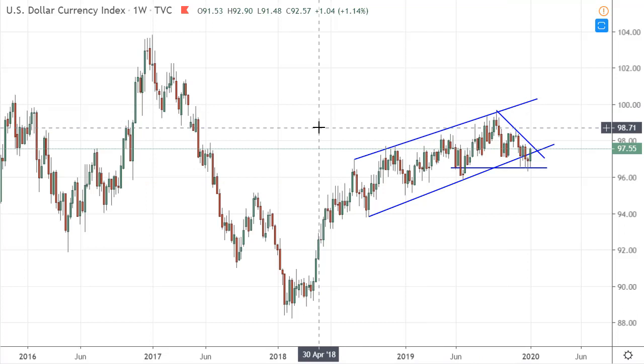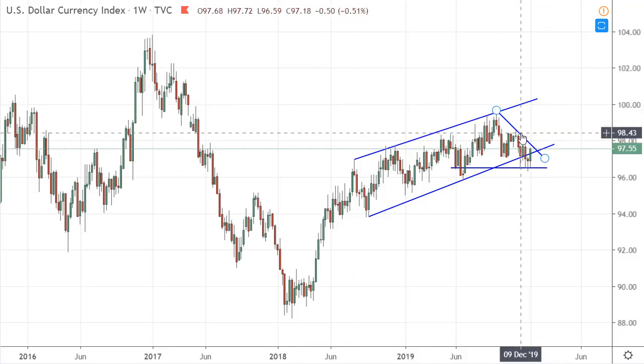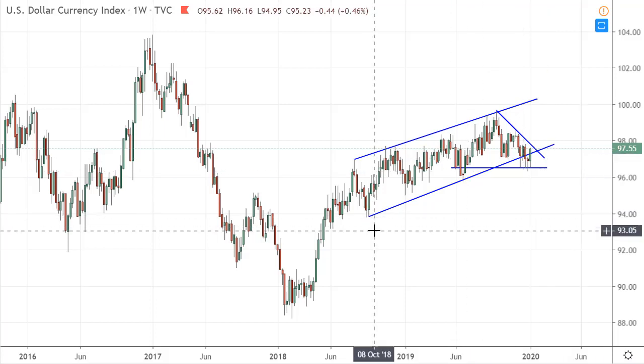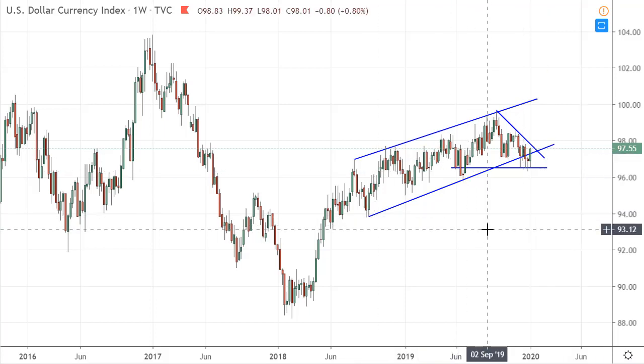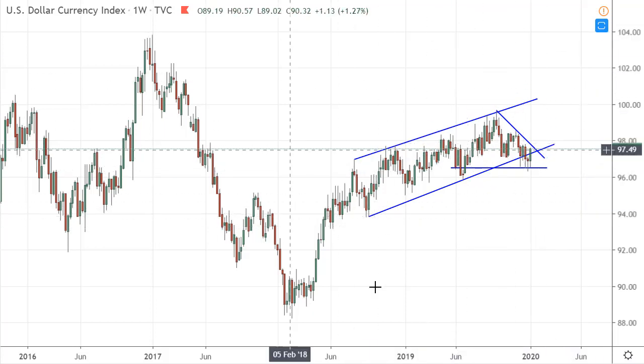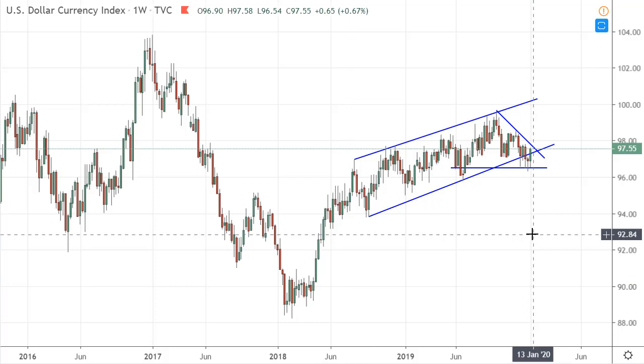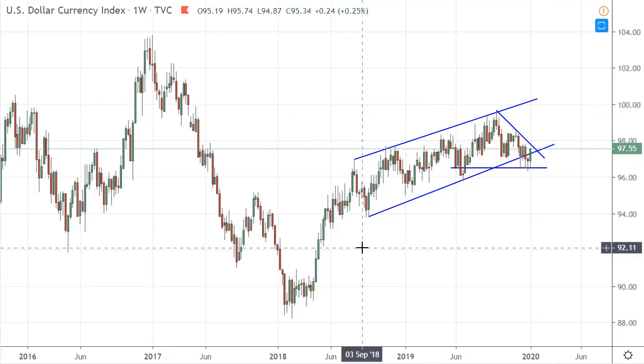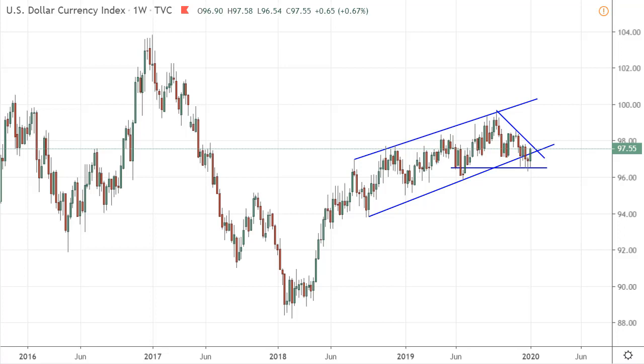So, for example, the euro-dollar is, of course, a part is the dollar, just like the Australian dollar against the dollar. So if this market starts trending to the upside or to the downside, let's conclude that later on in the video, but that will cause trending phases in those currencies as well. So let's get into it from the dollar index side.